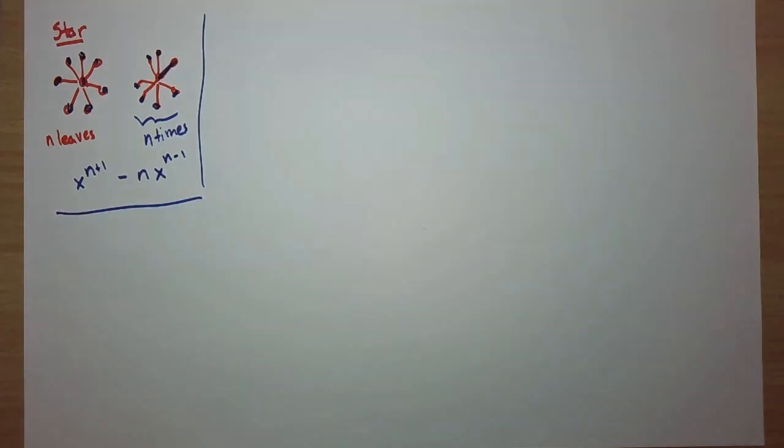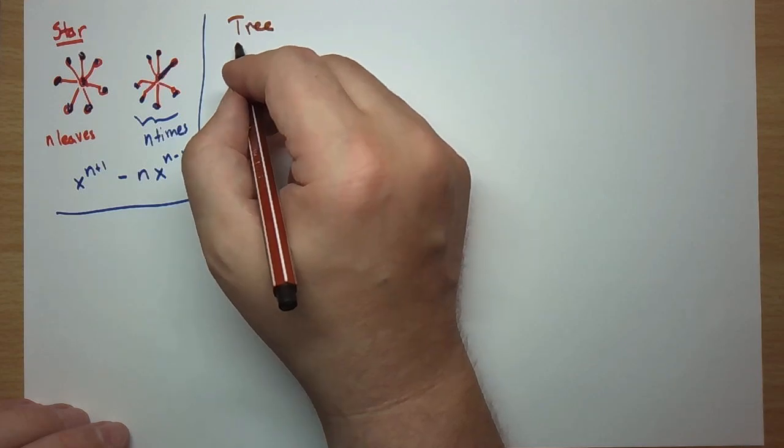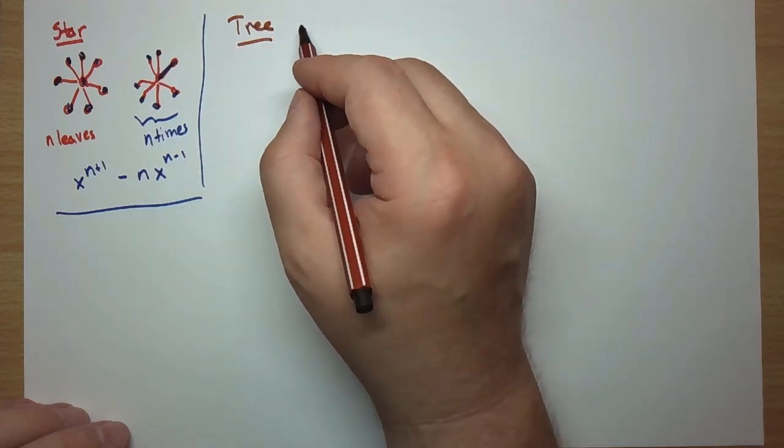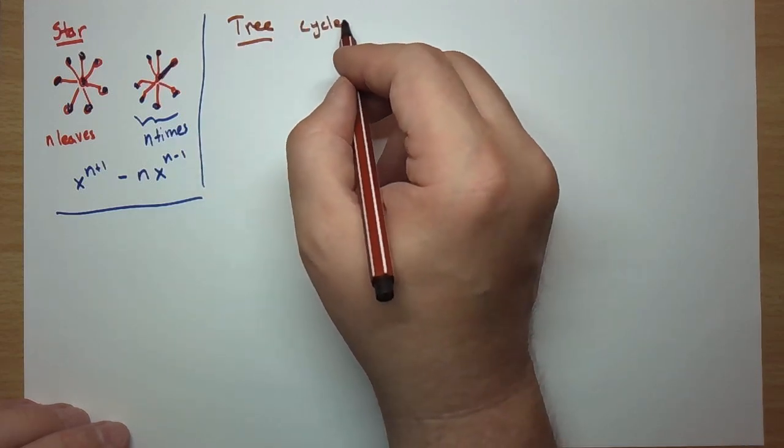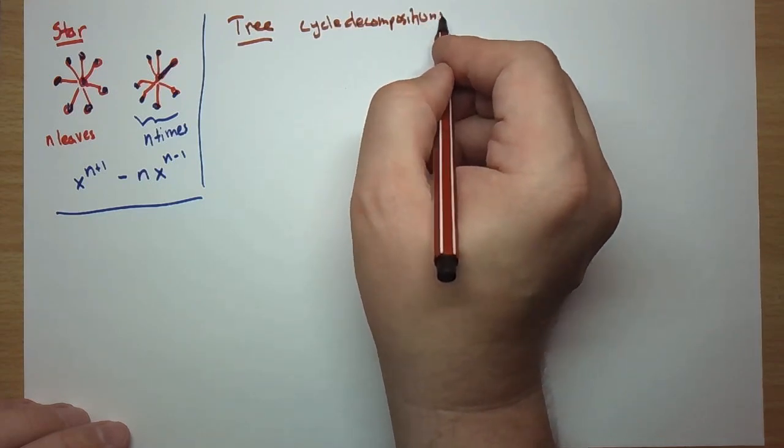Actually, we can make a quick comment here. A star is a special case of a tree. Now, what do cycle decompositions look like in trees? What's a matching?